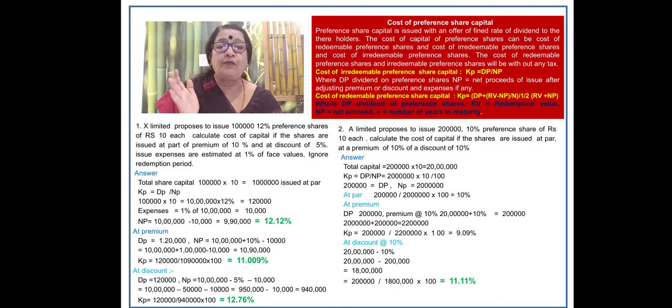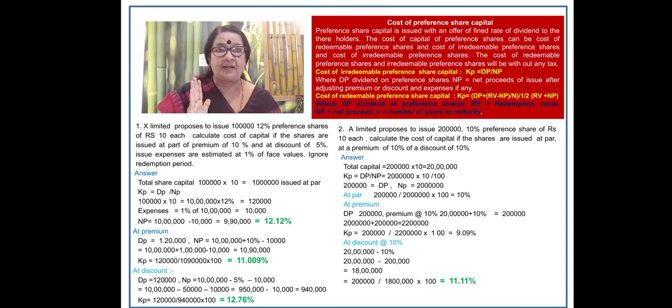So in this session, we are taking into account how we can compute the cost of preference share capital. For the purpose of computation, preference shares are classified as irredeemable and redeemable preference shares. For example, if it is given as 10% preference shares of rupees 100 each, redeemable at 10 years, that means these preference shares can be redeemed, or should be repaid, after 10 years.